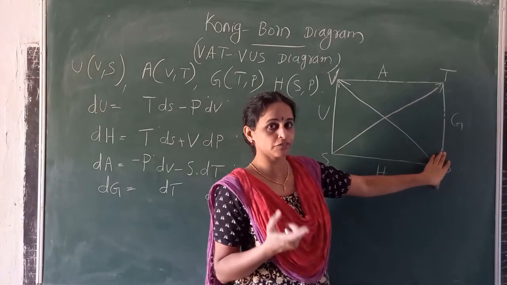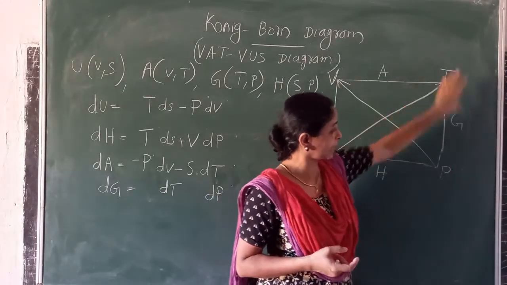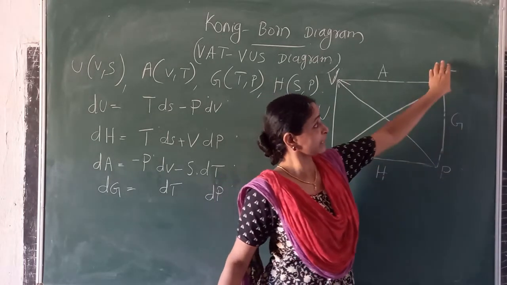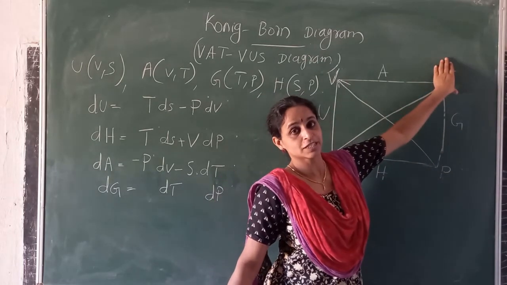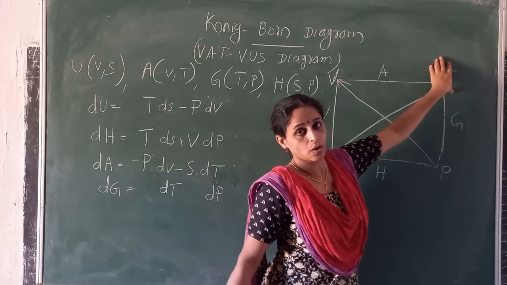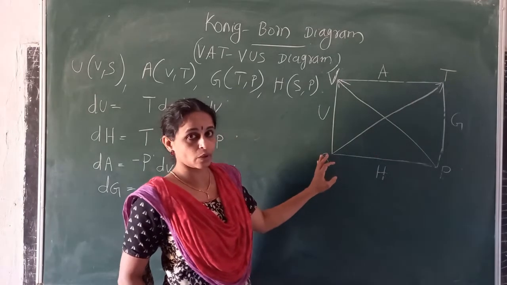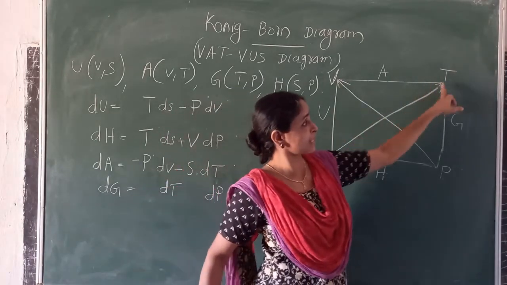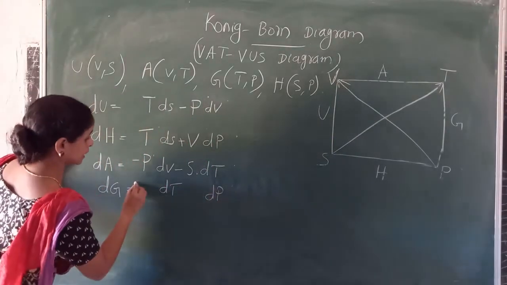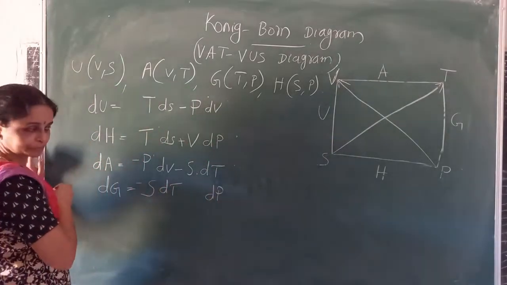Next we have to find the coefficient of dT and the coefficient of dP. For that we look at the differential coordinate, that is dT here. From the differential coordinate to the conjugate coordinate the arrow is in this direction, so we can write minus S. So minus SdT.